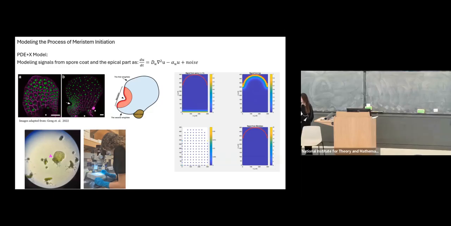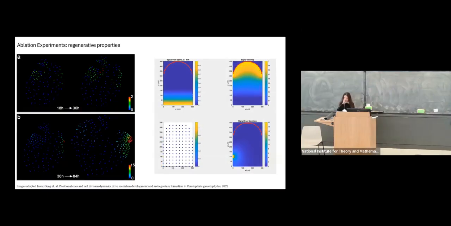Is the dedifferentiation between the founder meristem and the other cells very sharp? Can you repeat the question, please? Is there a very sharp boundary between the meristem part and the non-meristem part? I don't think we see that.